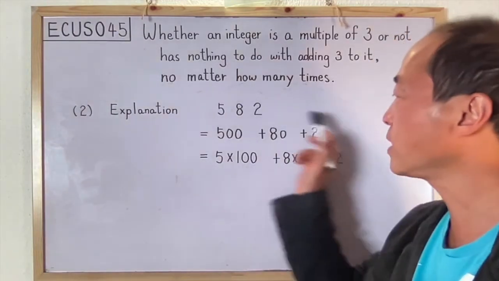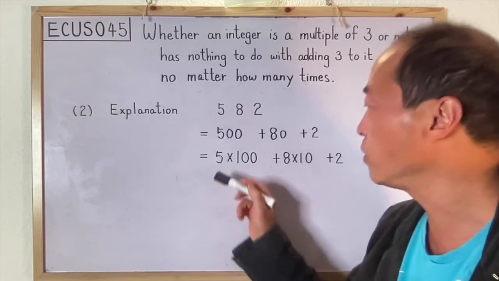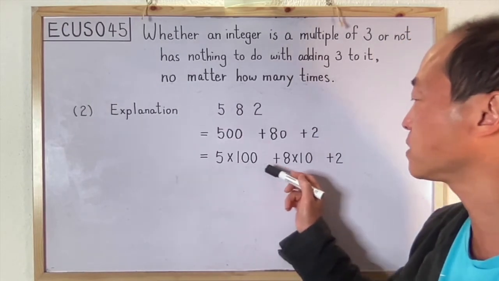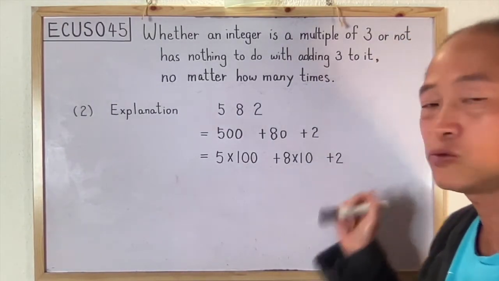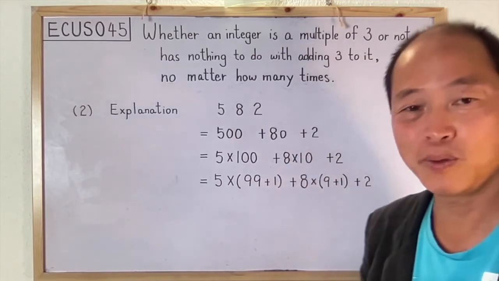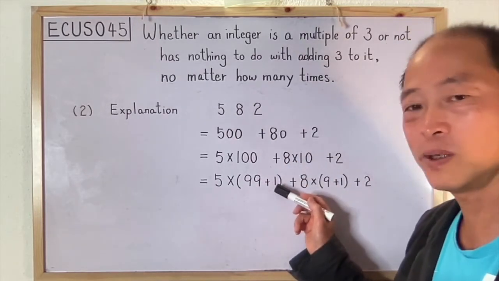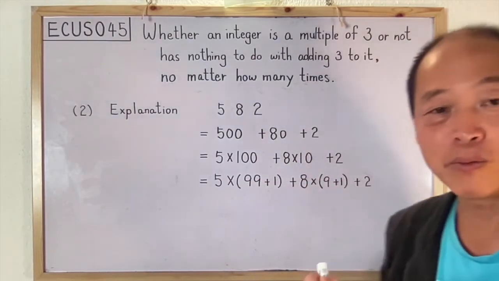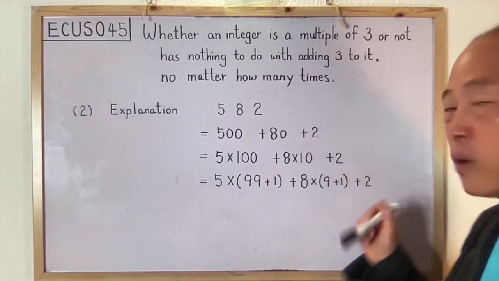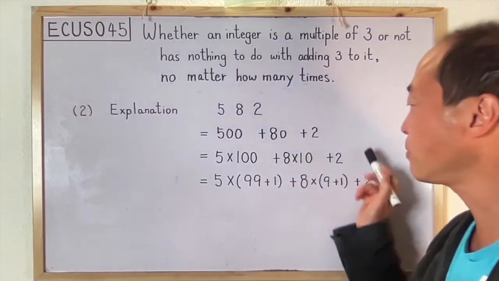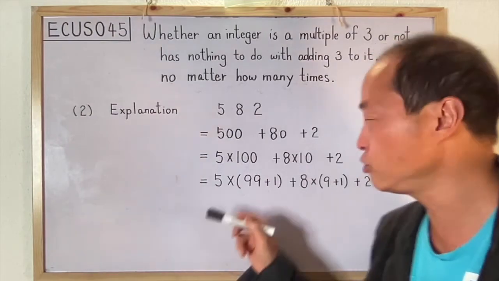Therefore, the expression can be changed to 5 times 100 plus 8 times 10 plus 2. 100 can be written as 99 plus 1. 10 can be written as 9 plus 1. Therefore, the expression can be changed to this.